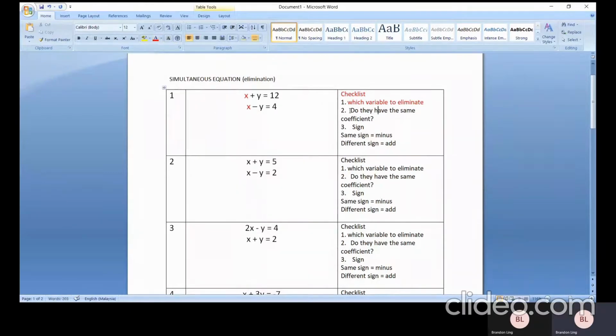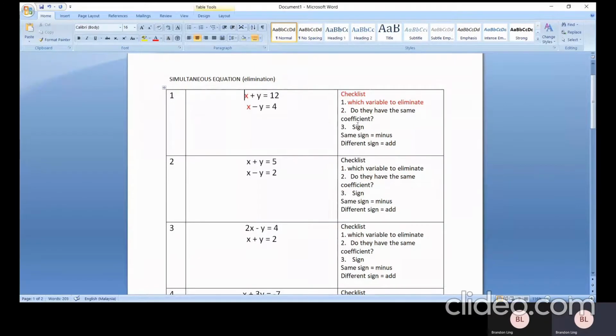Next, you move on to ask yourself, do they have the same coefficient? Okay, yes, because the coefficient basically it means the number that comes before the value of x. So both of here, x coefficient will be 1 and 1. Usually for 1x, we do not indicate it as 1x. We will just indicate as x. So yes, they do have the same coefficient.